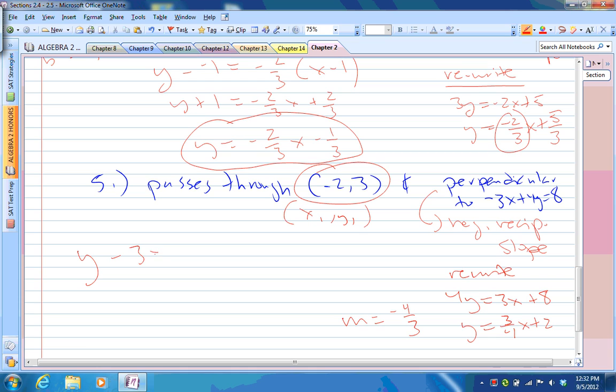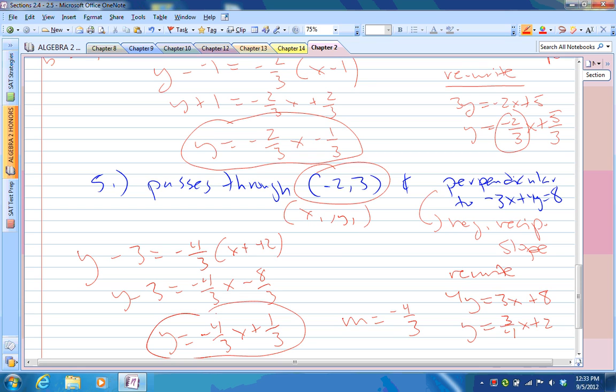So y minus 3 equals negative 4/3 times x minus negative 2. So you get y equals negative 4/3 x, that would be, because that becomes plus, so it'll be minus 8/3. Add 3 to both sides, you should get that. So it's a very mechanical process for all these problems. And obviously we're going to do some practice with this in class after you're done watching the video.